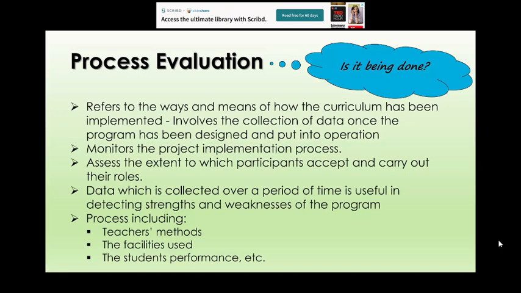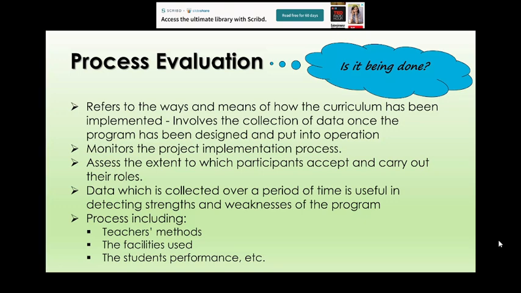The third one is the process evaluation. The process means when the curriculum or the course is implemented. When it is at the operational stage, this evaluation monitors the implementation of the curriculum or project. What is the extent to which the participants are carrying out their roles?